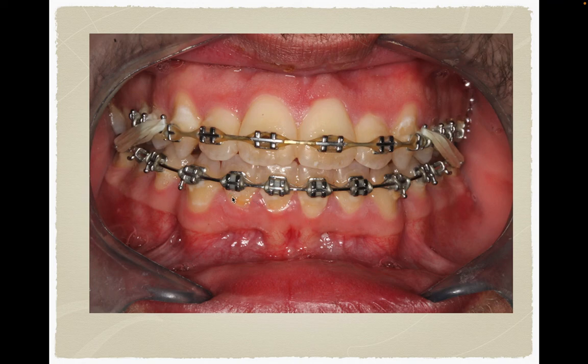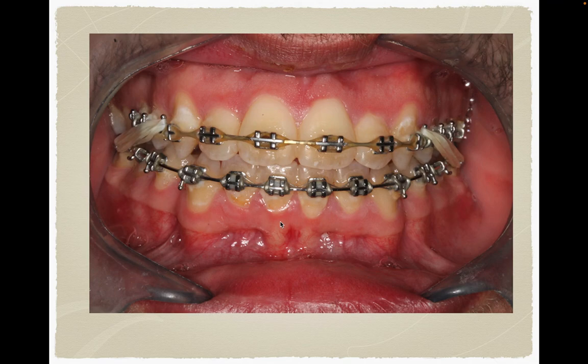And I know that this proclination needs permanent retention for stability reasons, which I'm going to do anyway, regardless of whether I'm proclining or extracting, because stability is a multifactorial thing. I just need to make sure that he has enough thickness of the soft tissue, of the attached mucosa. He does not brush his teeth with force.